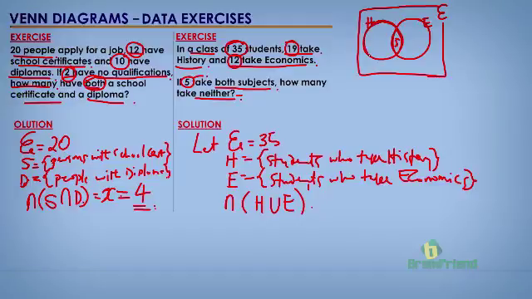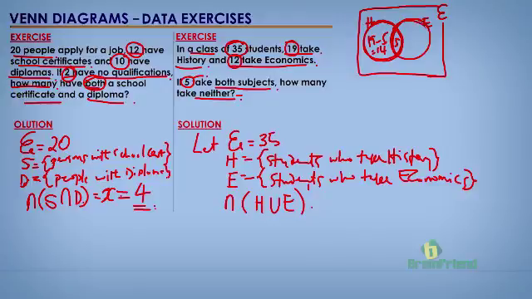This region is the intersection between our set H and our set E. If we consider our region here, which is all of the set H, we have 19 students to put down in this region. But remember that 5 students take both economics and history. It therefore means that this region left over will be 19 minus 5. And of course that would give us what? 14. So we have 14 students under this category.